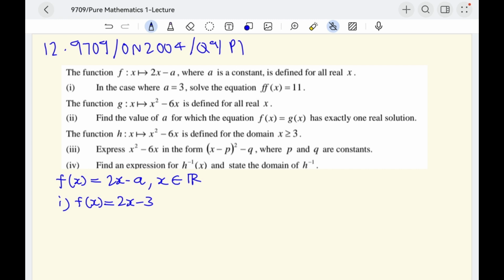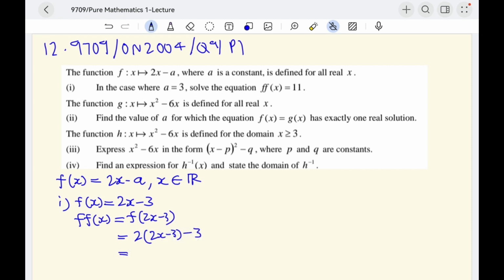Next you need to find ff(x) first. So let's look for ff(x). Substitute the f(x) as 2x minus 3. You map your f(x) inside itself. So you will get 2 times (2x minus 3) and then minus 3.